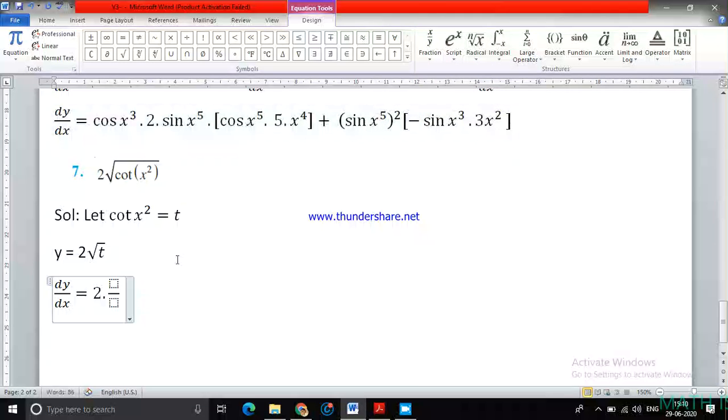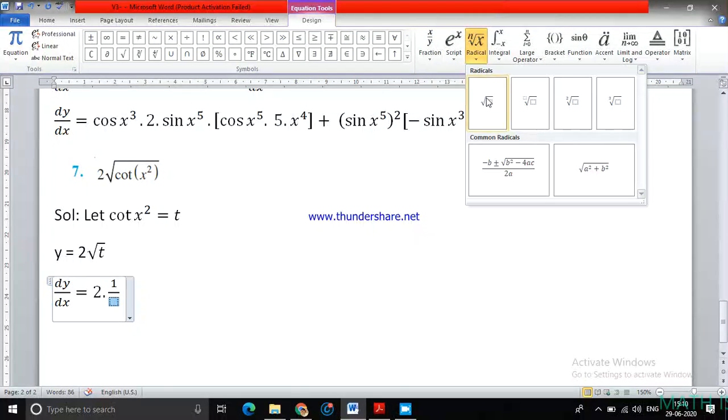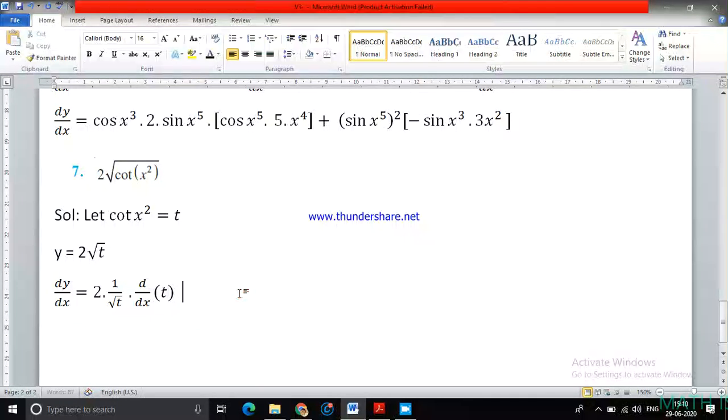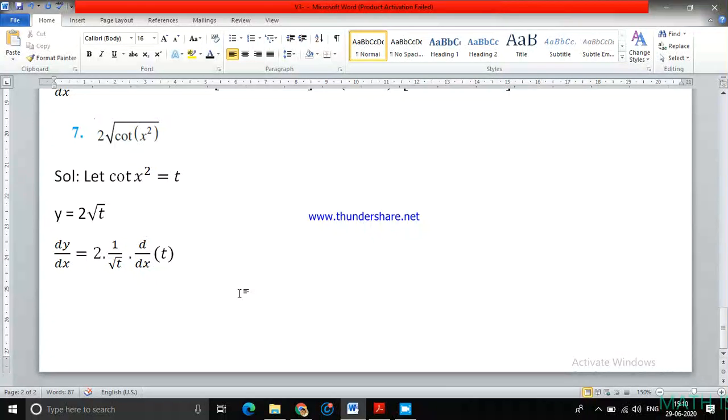Okay, so derivative of root t is going to be 1 upon 2 root t. Okay, now into derivative of t will come, right? So d by dx of t, maybe if you want, put it as derivative of t.